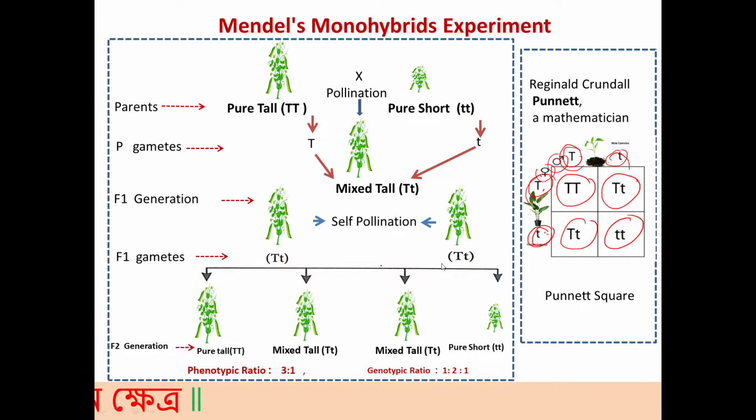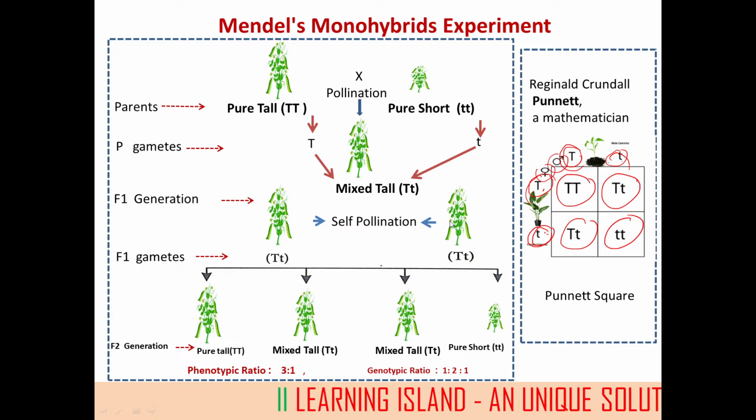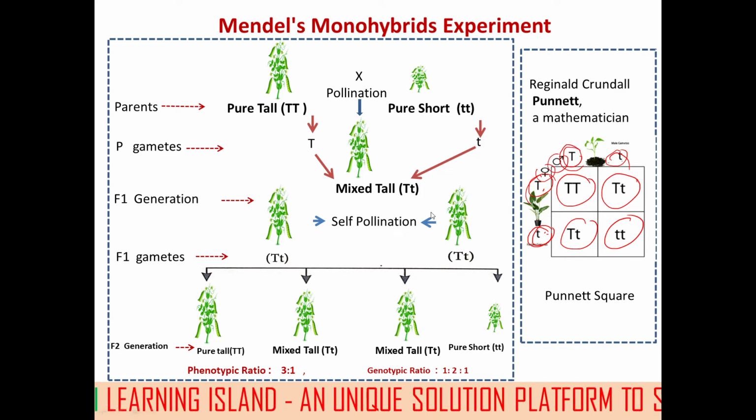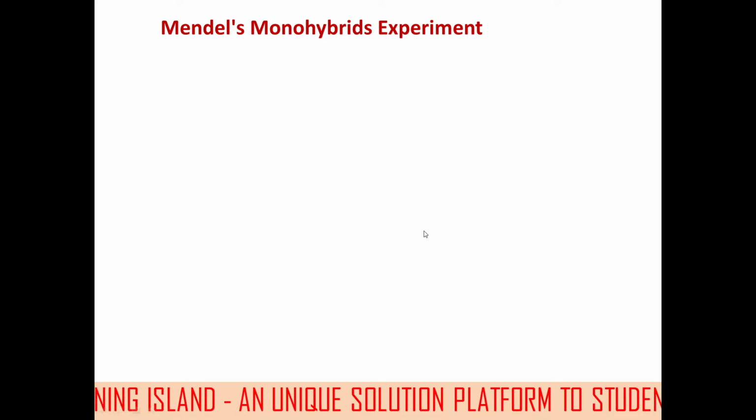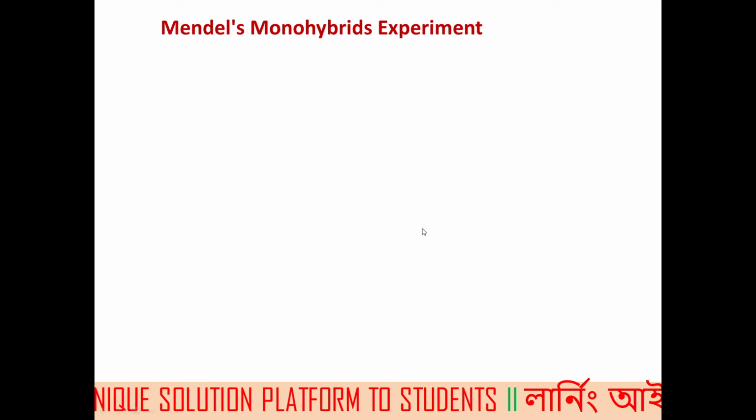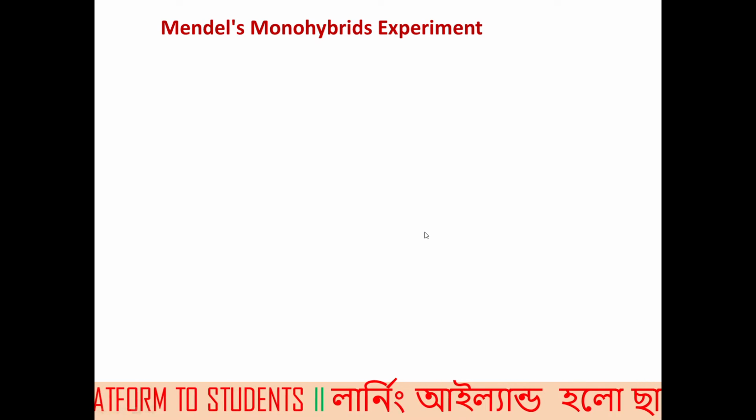So I hope you have understood this monohybrid experiment very easily. Now I can go to the second stage. In this experiment, I have explained a few topics or definitions: phenotypic, genotypic, and dominant, recessive.